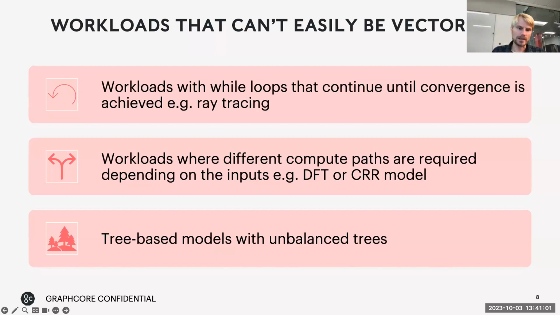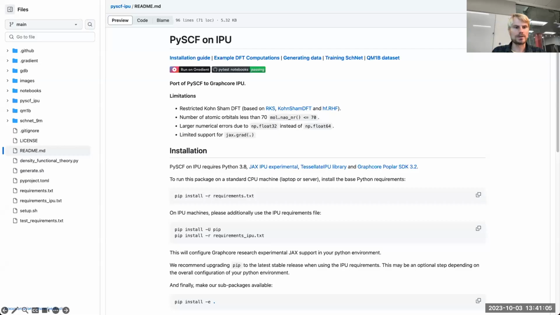As one of the examples of that, we have recently open sourced an implementation of PySCF targeting IPUs, and you can feel free to access that among our public repositories on GitHub.